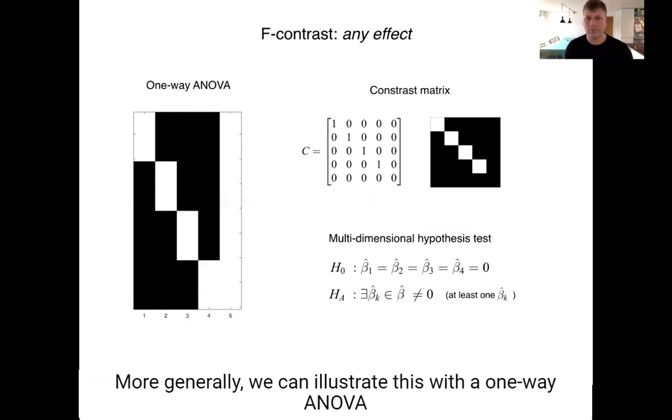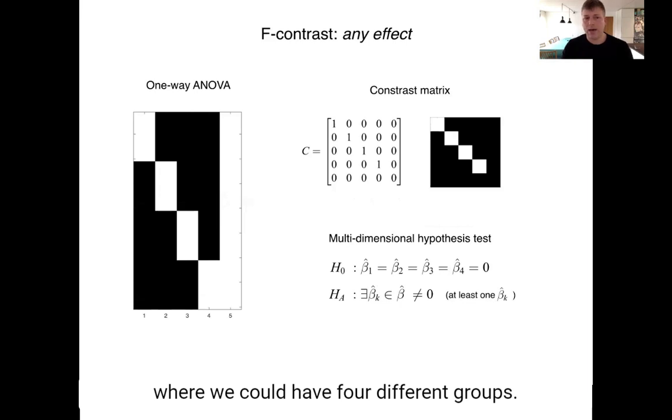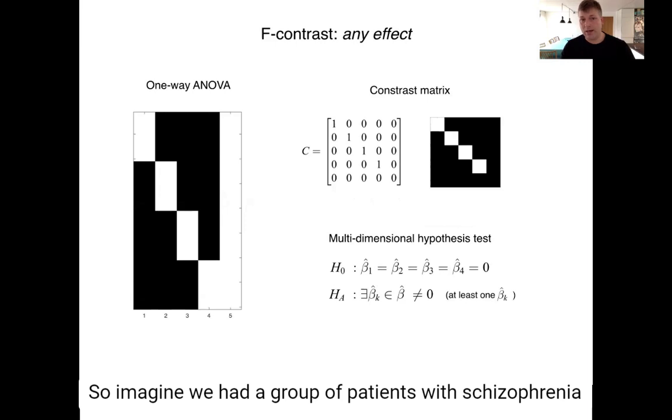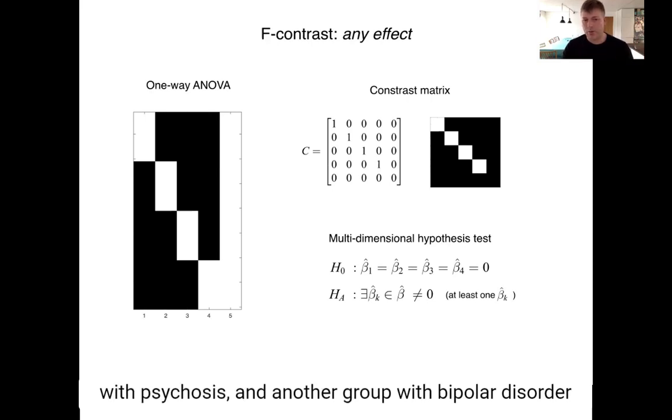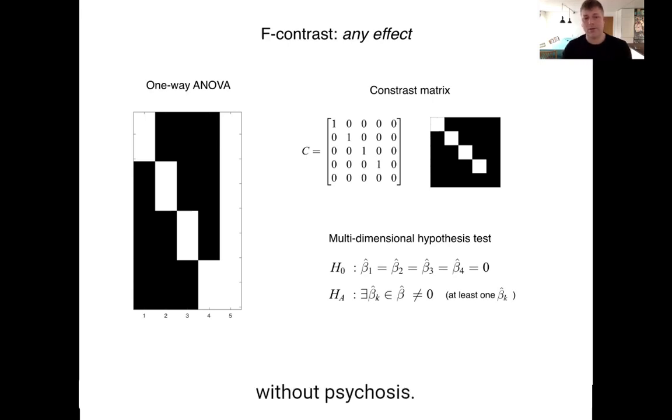So more generally, we could illustrate this with a one-way ANOVA, where we could have 4 different groups. Imagine we had a group of patients with schizophrenia, a group of patients with bipolar disorder with psychosis, another group with bipolar disorder without psychosis, and finally a group of healthy controls.